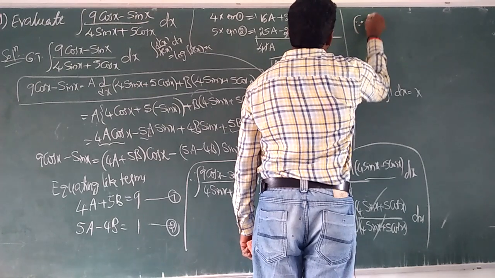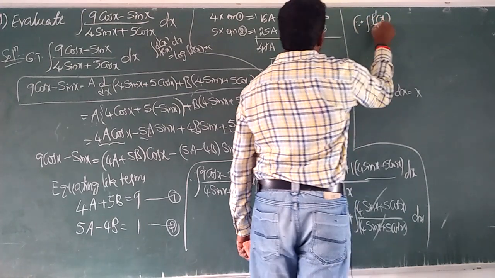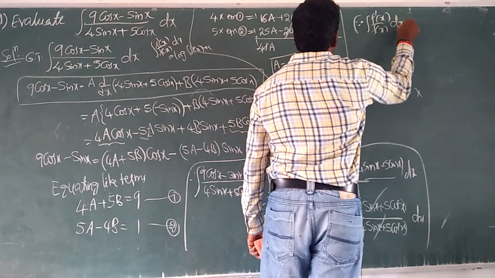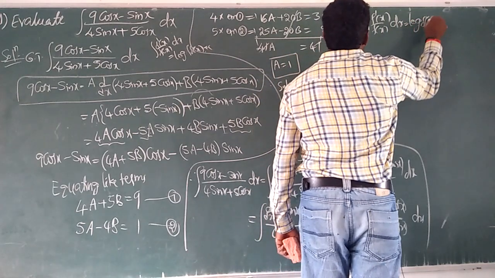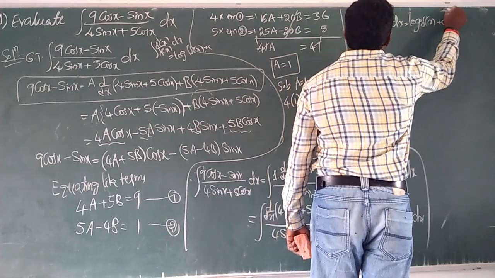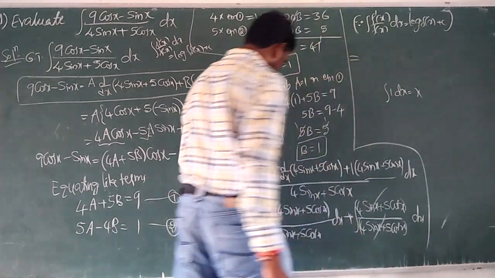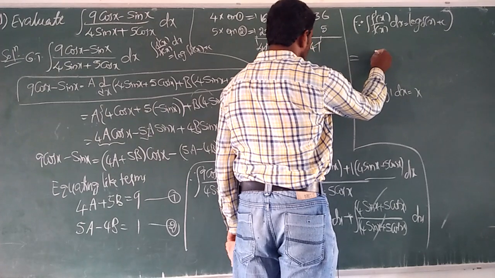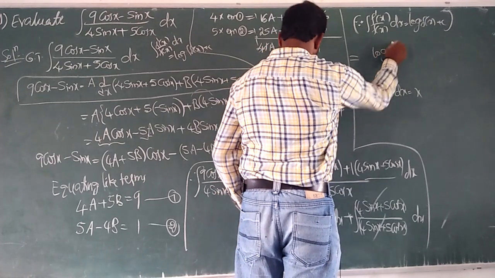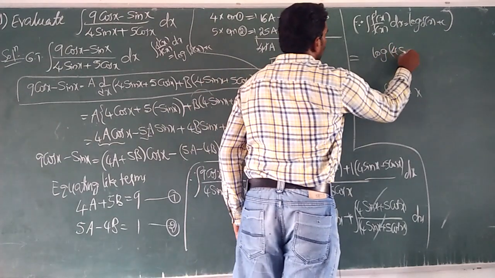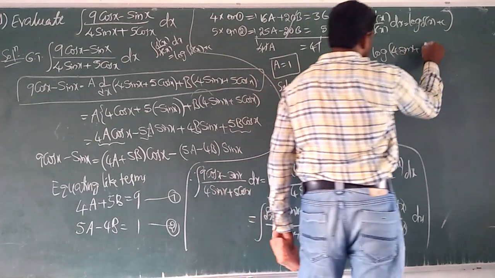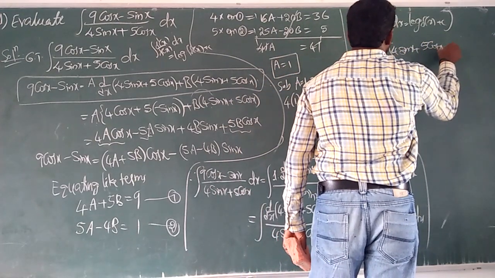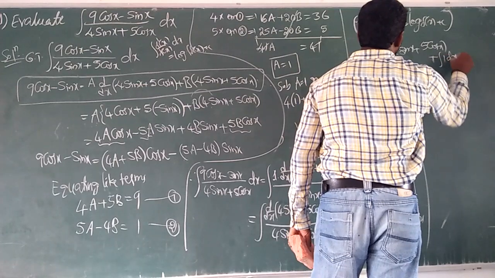Since the integration of f dash of x by f of x dx formula is log f of x plus c. Okay. According to that formula, the answer of this next one is what? Log of denominator 4 sin x plus 5 cos x plus integration of 1 dx plus c.